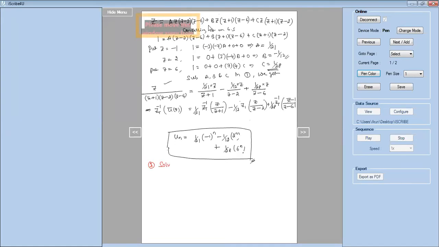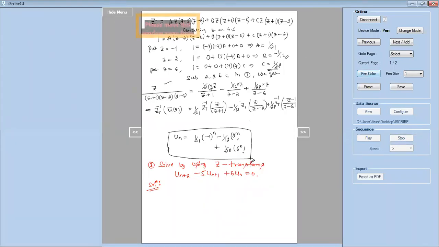Solve by using Z transforms. The equation is un plus 2 minus 5 into un plus 1 plus 6 un equals 0. So this is the problem given. Let us see how to solve this difference equation by using Z transformation.